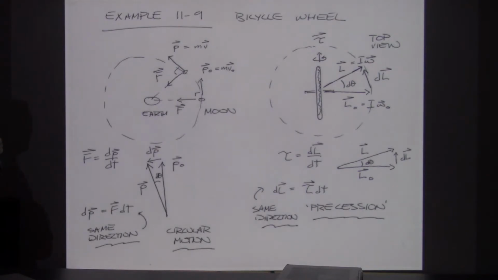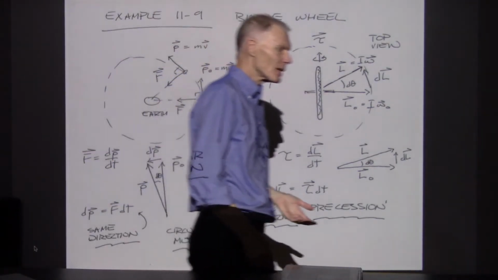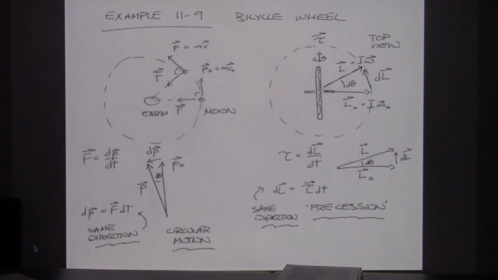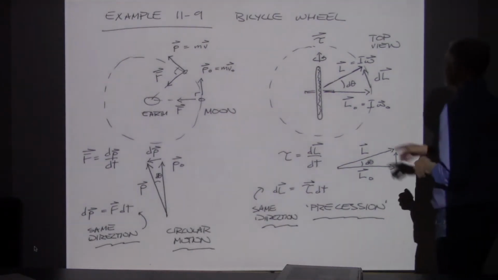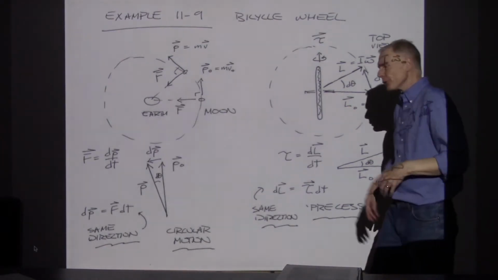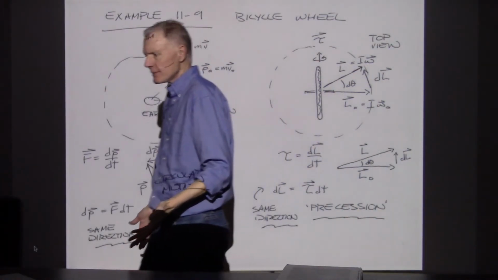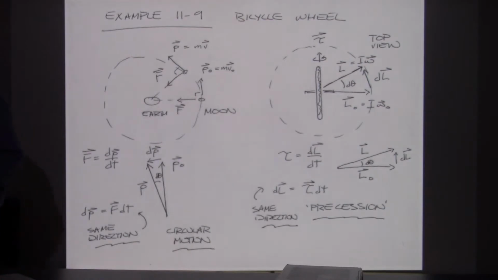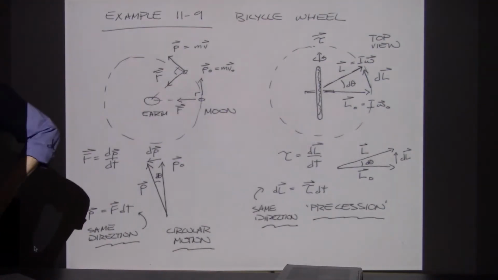Now, this is one of those situations where the math predicts this, but I look at all the diagrams and I think, nah, it's not really going to happen, is it? But it does. You guys learned to ride a bicycle at some point, and part of the difficulty in learning to ride a bicycle is learning how the torques work.